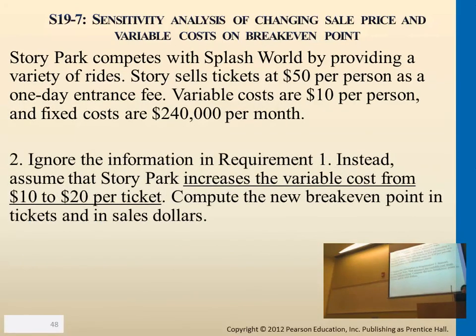Okay, using the same example here, but changing numbers in different areas. If we leave the sales price the same, but now change variable cost from 10 to 20, how many units do we need to sell to break even, and how much is the sales in dollars? Sales price is the same, now we're changing variable cost.